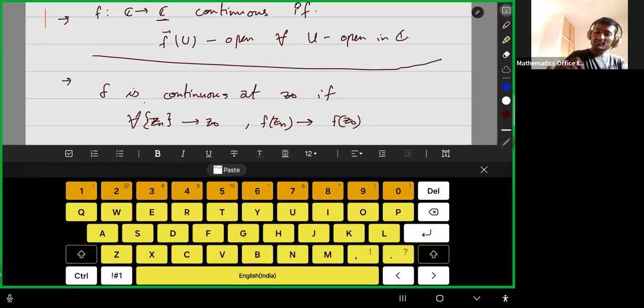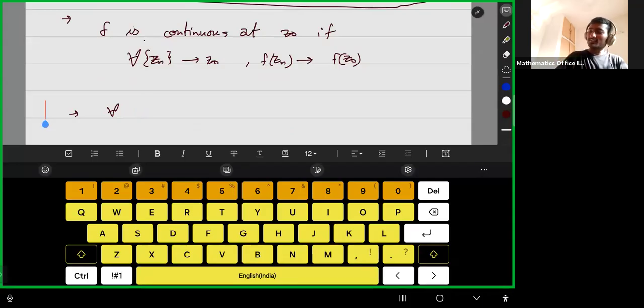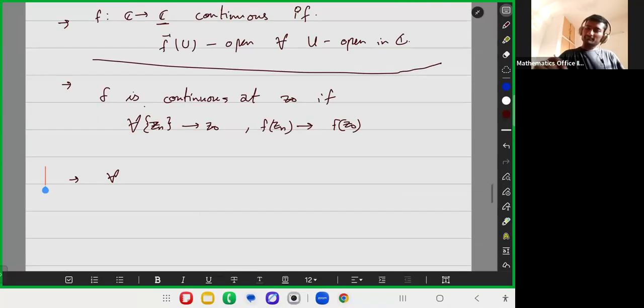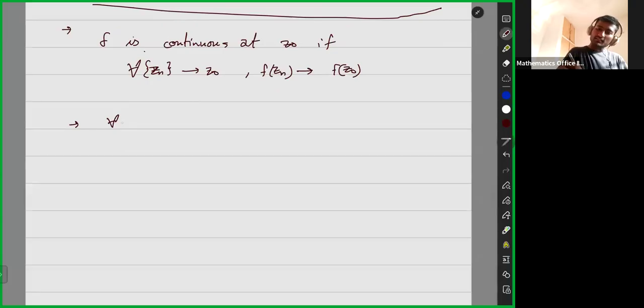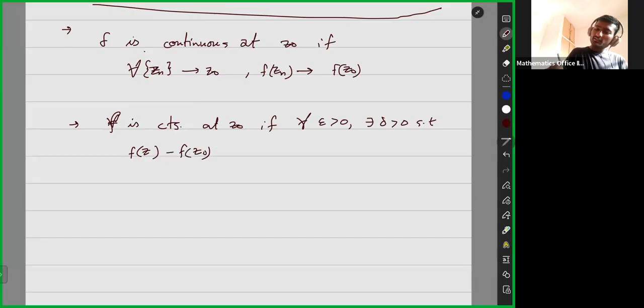Pasting here. f is continuous at z naught if for every epsilon positive, there exists a delta positive such that f of z and f of z naught become epsilon close whenever z and z naught, these two complex numbers, are delta close.